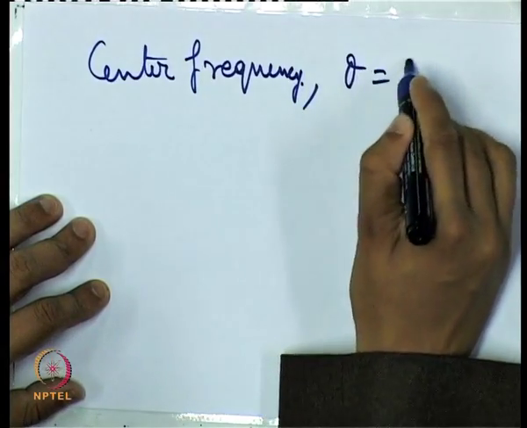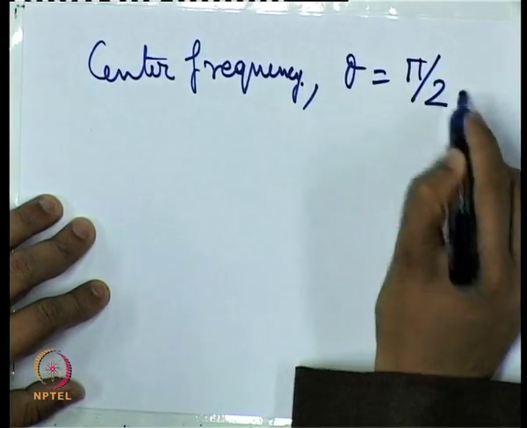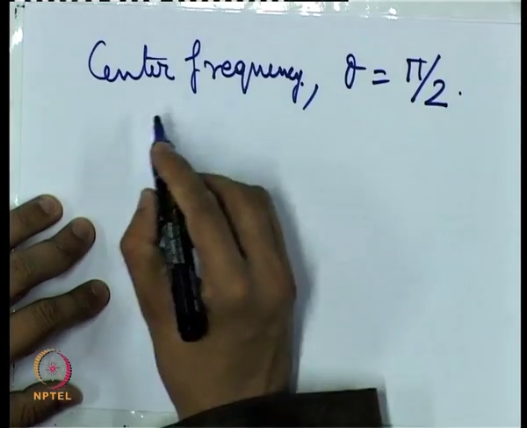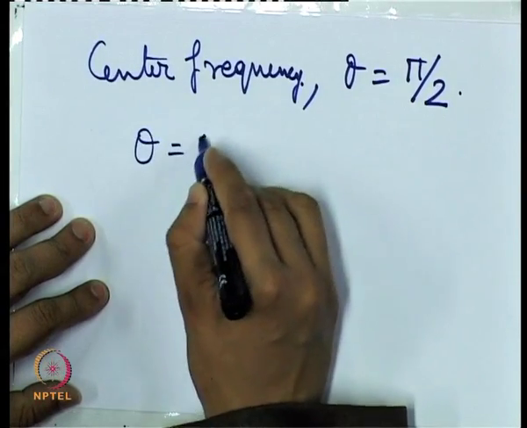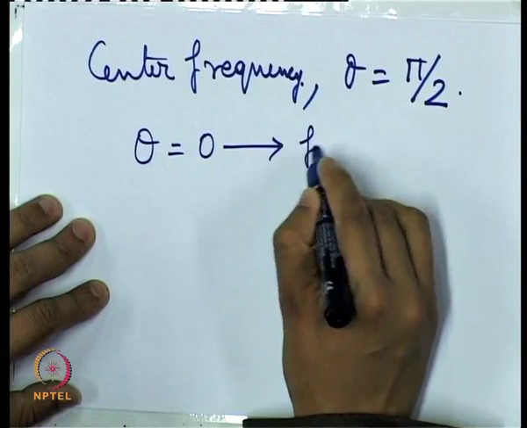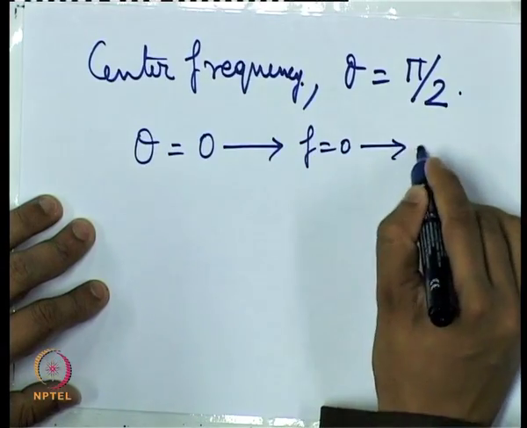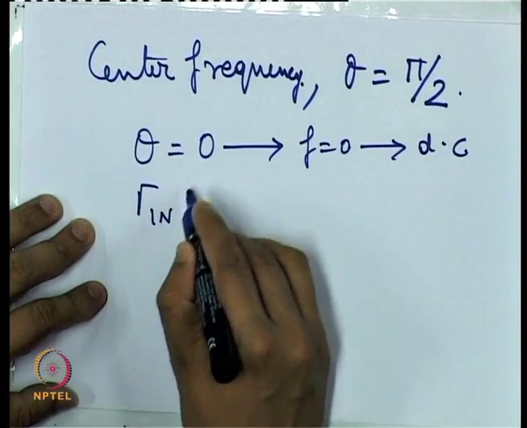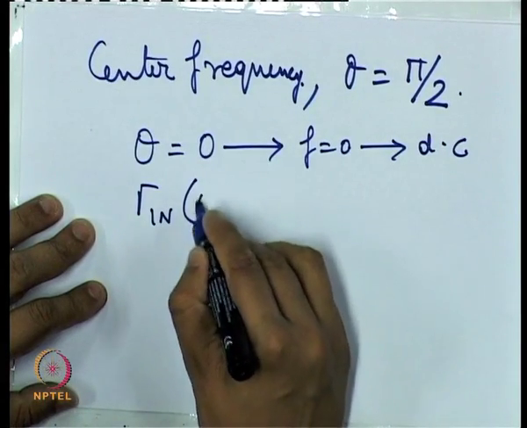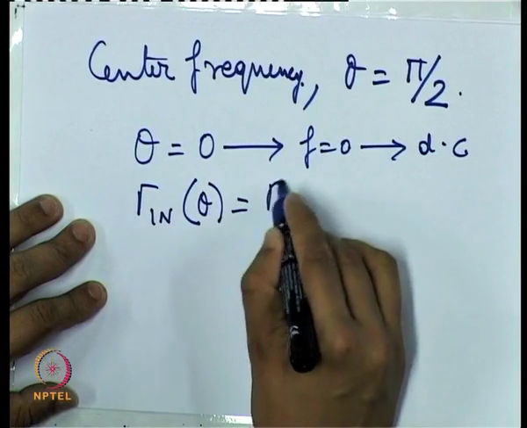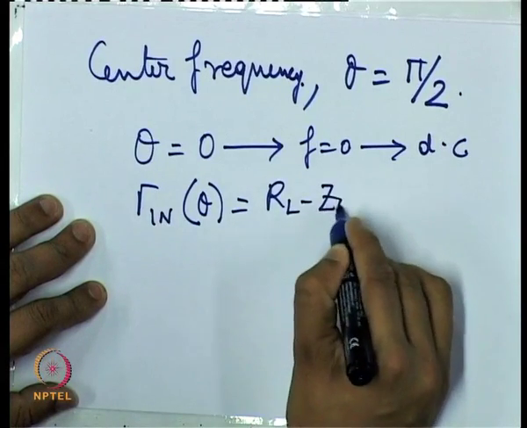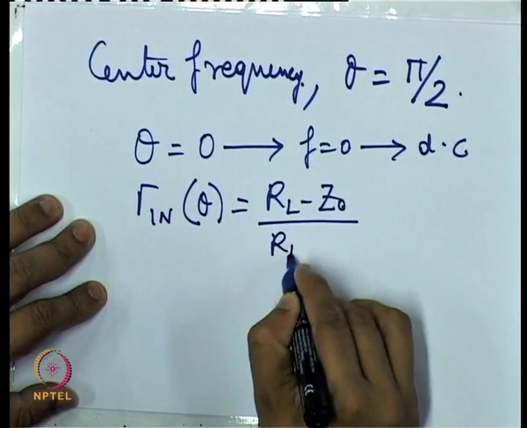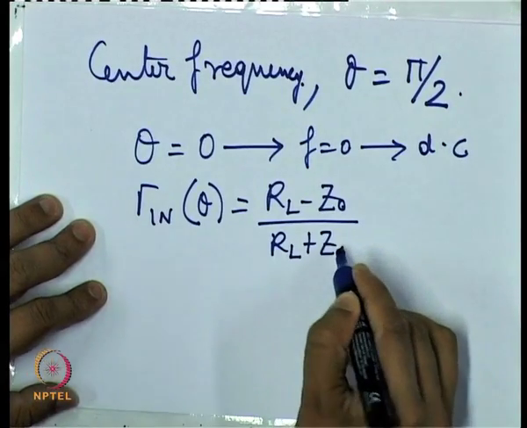will be at theta equal to pi upon 2, and at theta equal to 0, which corresponds to f equal to 0, that is DC, at DC we should have gamma in theta equal to RL minus Z0 upon RL plus Z0.